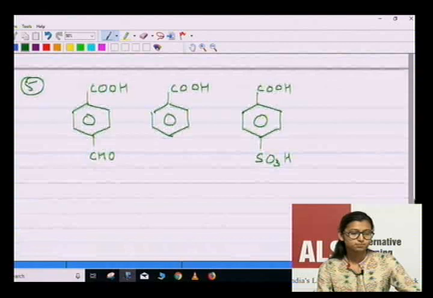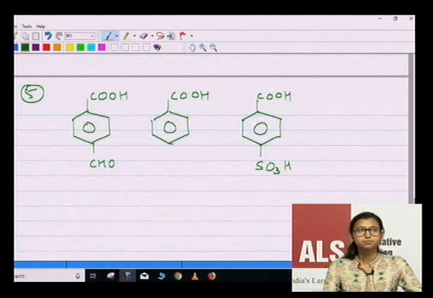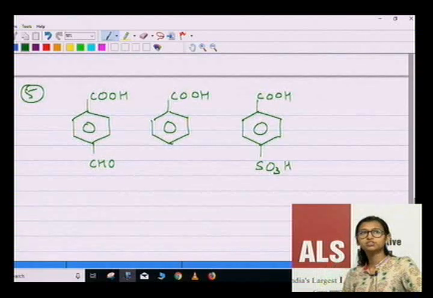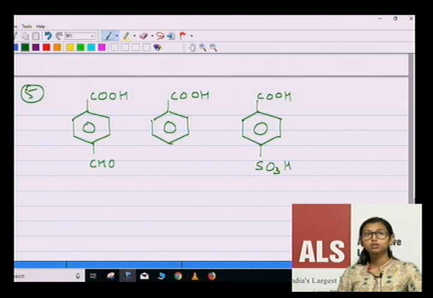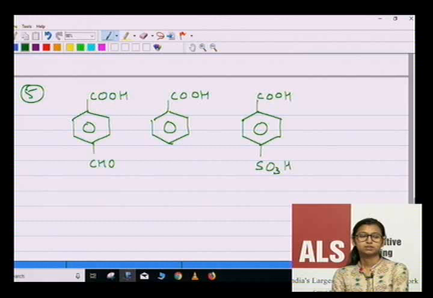Try this question. I have SO3H there, right? First of all, you will tell me which is the most acidic one. You have to find the order. You can simply write 1, 2, 3 and then find out the order.